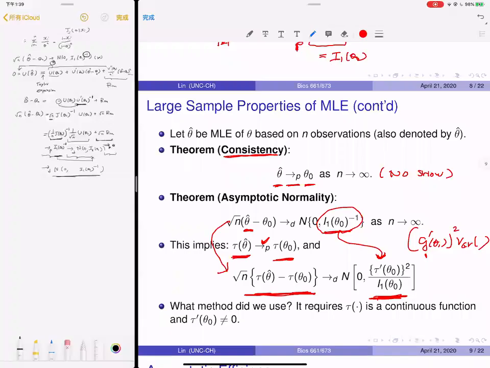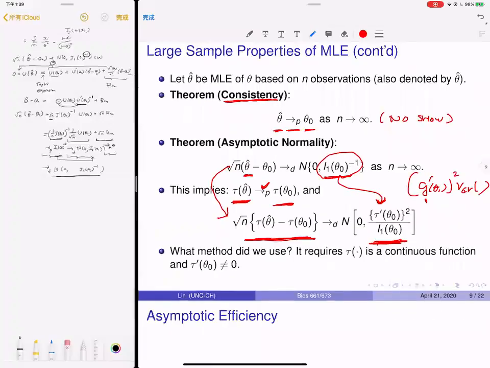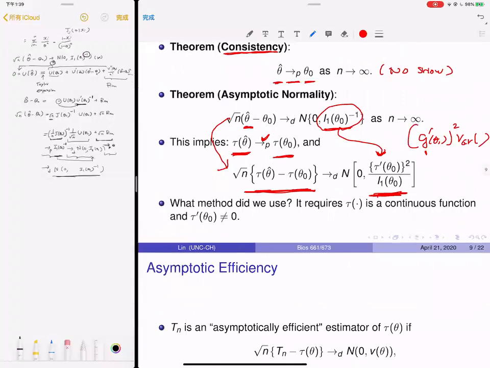Okay, then it becomes right here. Okay, so did you see this guy before? Let me take out everything right here. Did you see this guy before? This guy is nothing but the Cramer-Rao lower bound. Remember that? From BIOS 661 midterm.